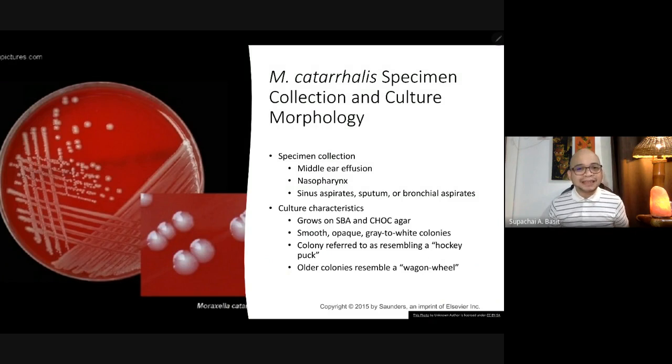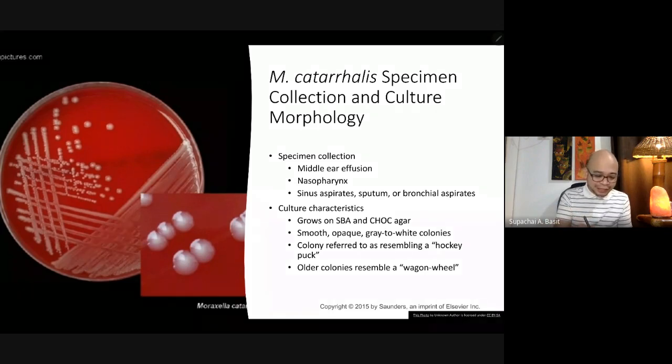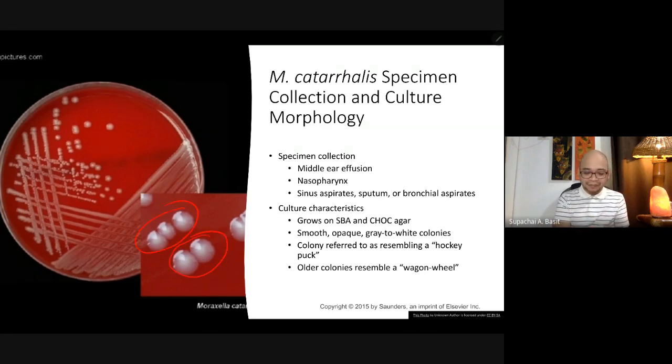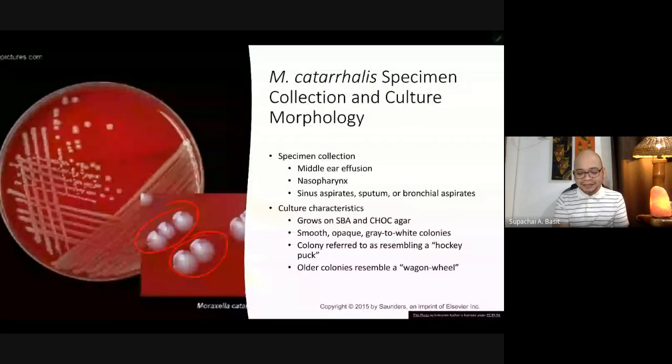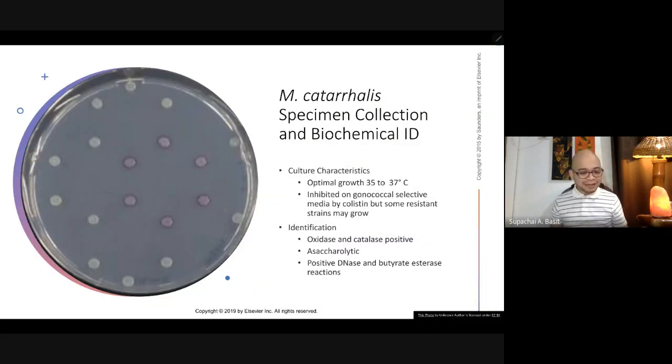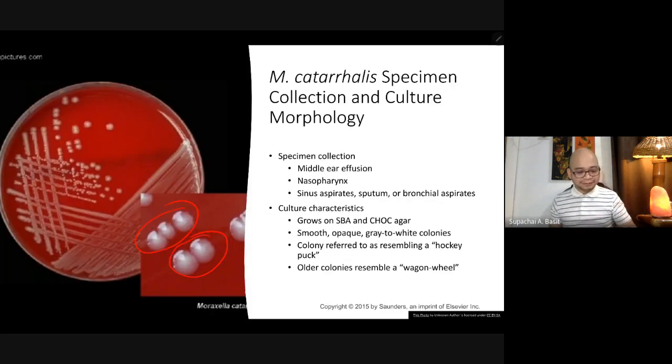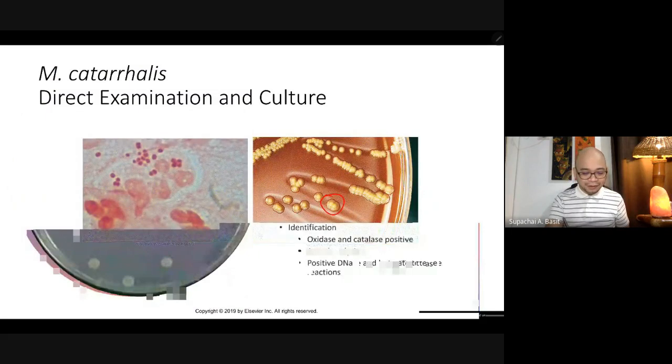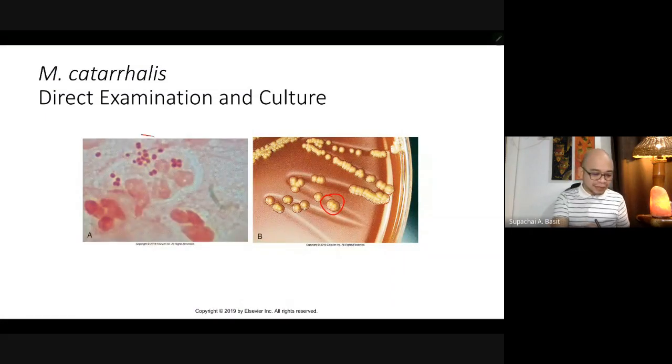On sheep's blood agar and chocolate agar, smooth, opaque, grayish to white colonies. So this is the description. The colony appears like a hockey puck, parang hockey puck, or pag minsan wagon wheel. Ayan, ito yung hockey puck or wagon wheel. And this is how they look like under the microscope.